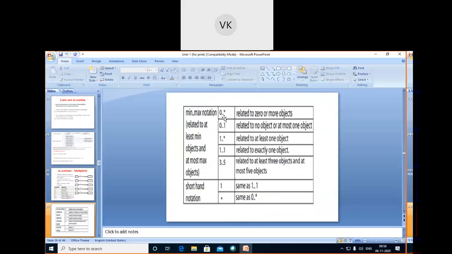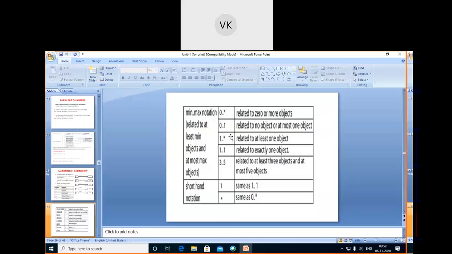Yes, here you see 0 dot dot star related to 0 or more objects. The meaning of this one is related to 0 or more objects. 0 dot dot 1, the meaning of this one is related to no object or at most one object. Okay, 0 or 1, it may be related to 0 objects or 1 object.